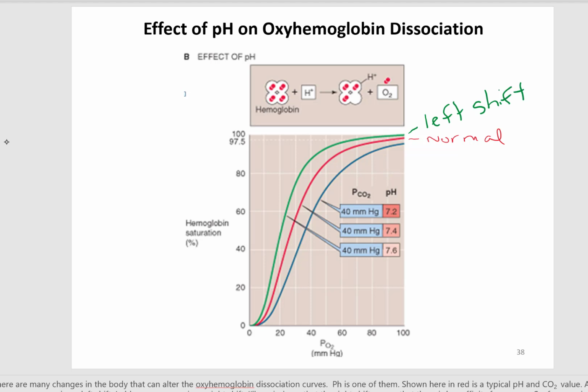And again, you're looking at this graph, so when I say shifted to the left, I mean your left. The blue sigmoid curve is showing you a right shift. Right shift means less affinity. Left shift means greater affinity.